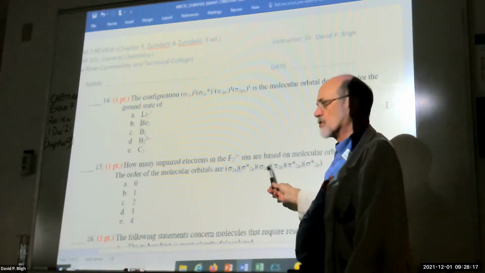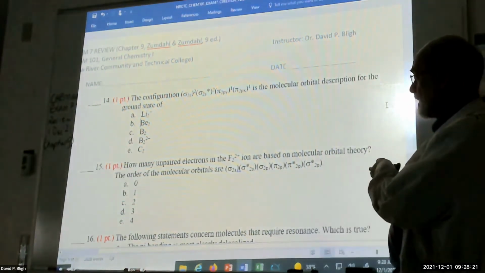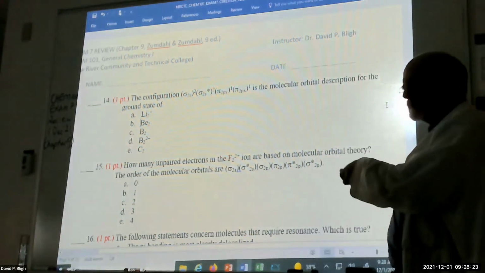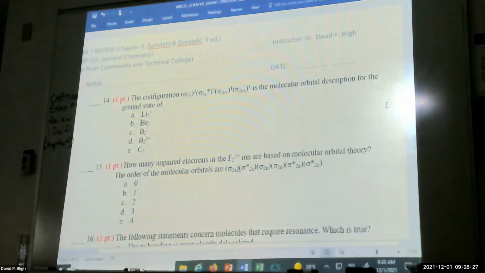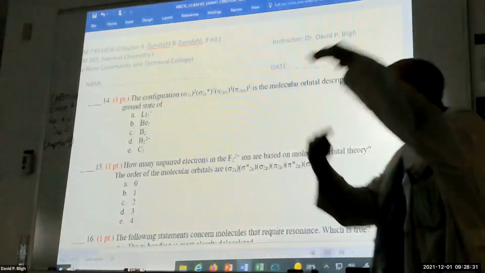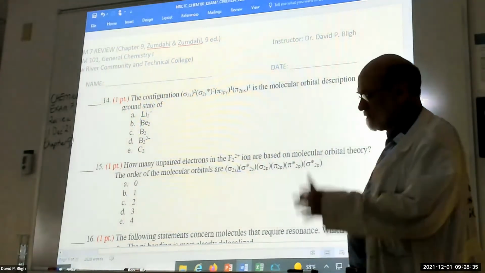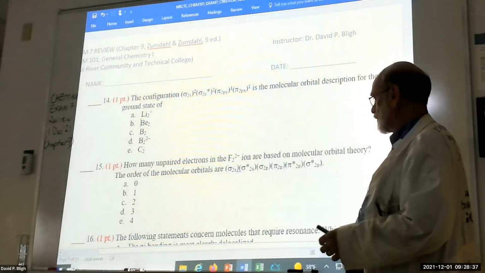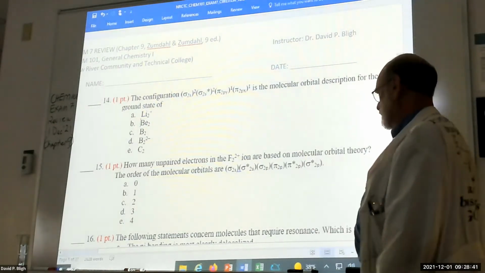That's a signature for no mixing. And that makes sense because this is fluorine. We don't get mixing for oxygen or fluorine because the SP energies are too far apart. Well, actually, the proper approach would be the sigma pi energies are too far apart.